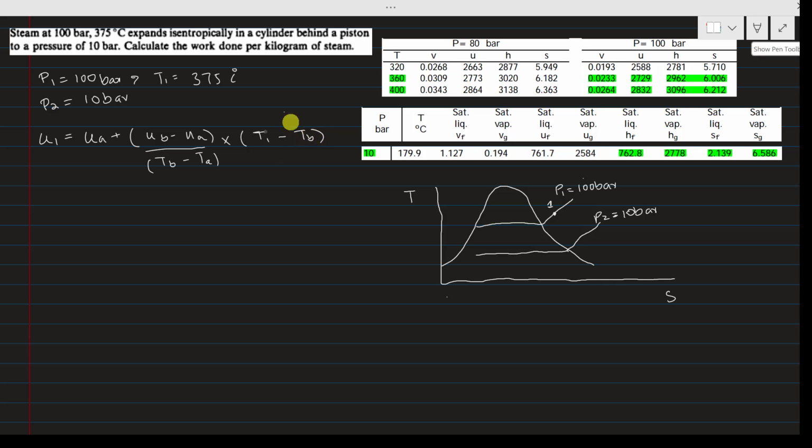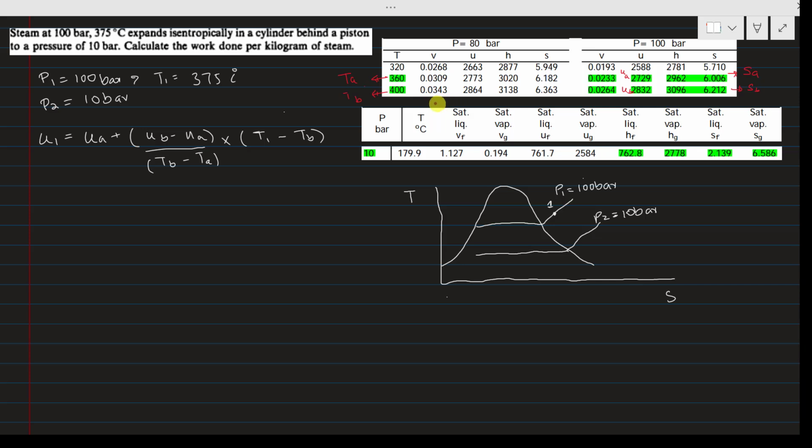You can easily judge from the steam table: this is the TA value, this is the TB value, and similarly this is UA and this is UB, and similarly this is SA and this is SB.